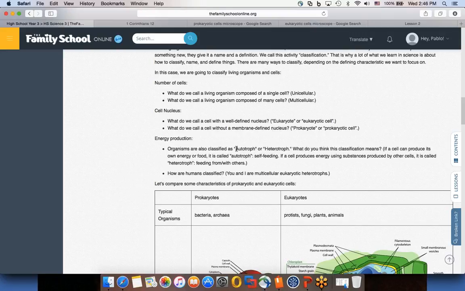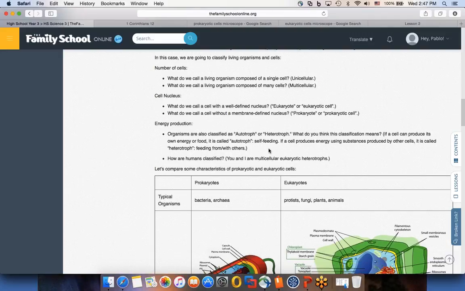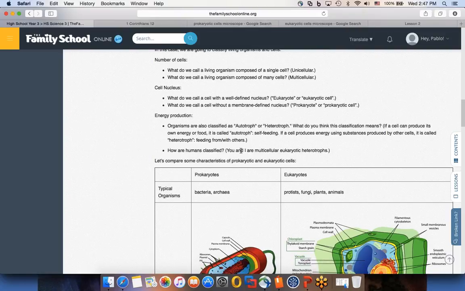And so self-feeding are the organisms that are able to produce their own food. Heterotrophs are the organisms that need to be fed from other organisms, and so they have to eat. And so we are one of the types of heterotrophs.